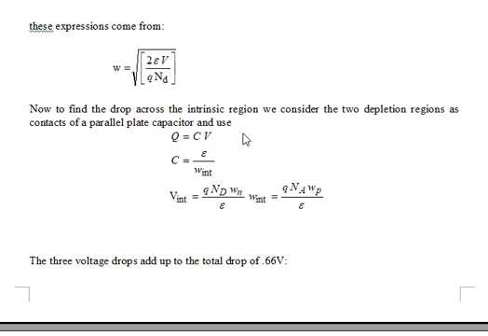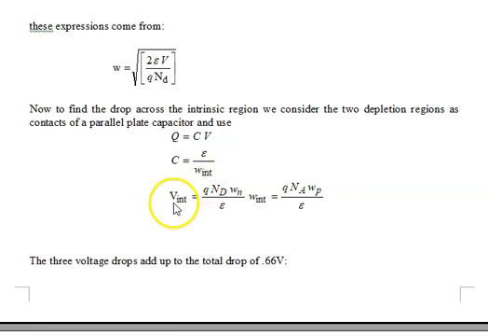So to find the drop across the intrinsic, we consider, and we've mentioned this before, the two depletion regions basically as contacts of a parallel plate capacitor, where the distance between the electrodes is the intrinsic width.